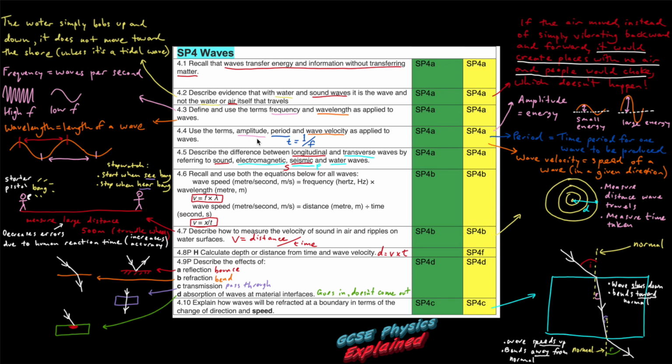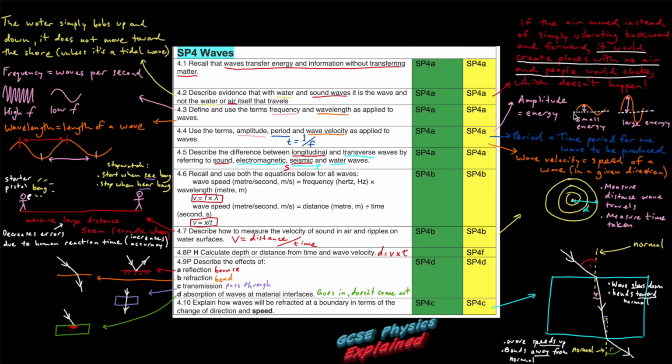Use the terms amplitude, period, and wave velocity as applied to waves. So to calculate the period, which is the time period, you do 1 divided by the frequency. Amplitude is basically the energy of the wave. So if you've just got a small wave, you get a small energy, and if you've got a large wave, that's a large energy.